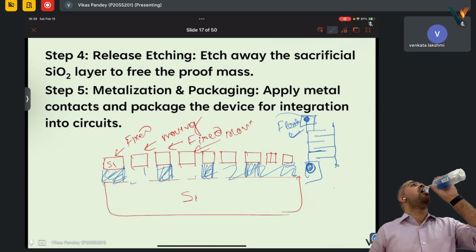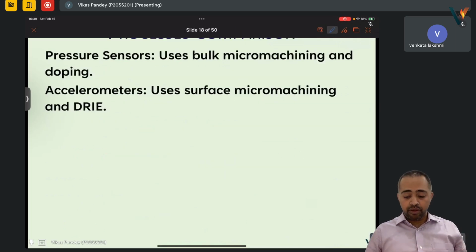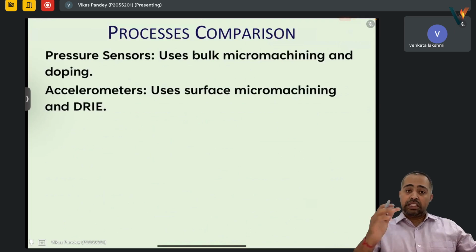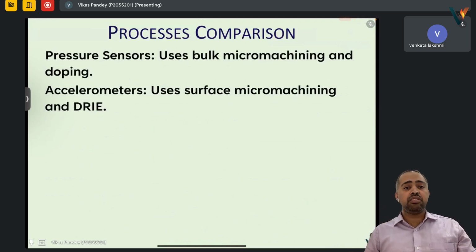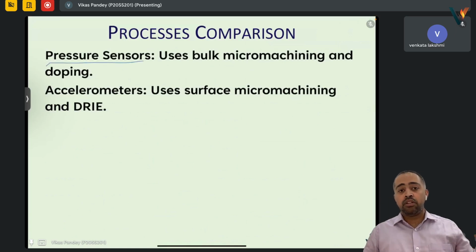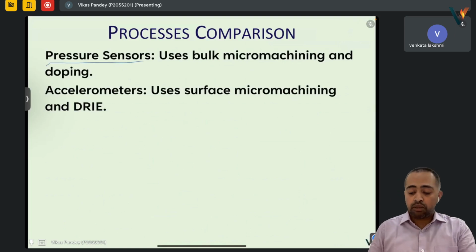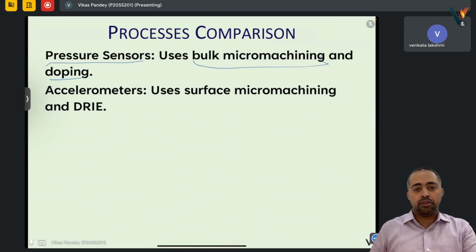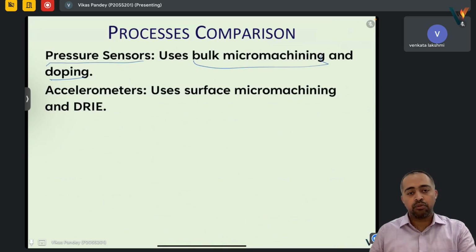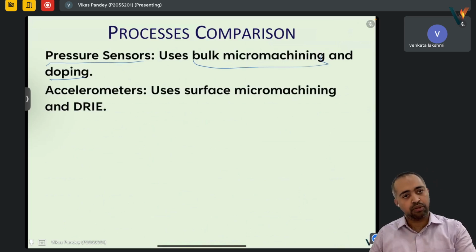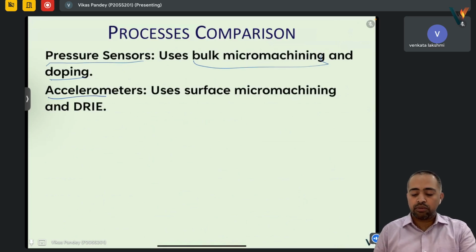Okay, so the basic difference here is that in case of the pressure sensor, we used bulk micromachining and doping, removing bulk from the wafer. In case of the accelerometer, we use surface micromachining and deep reactive ion etching. So that is the basic process difference.